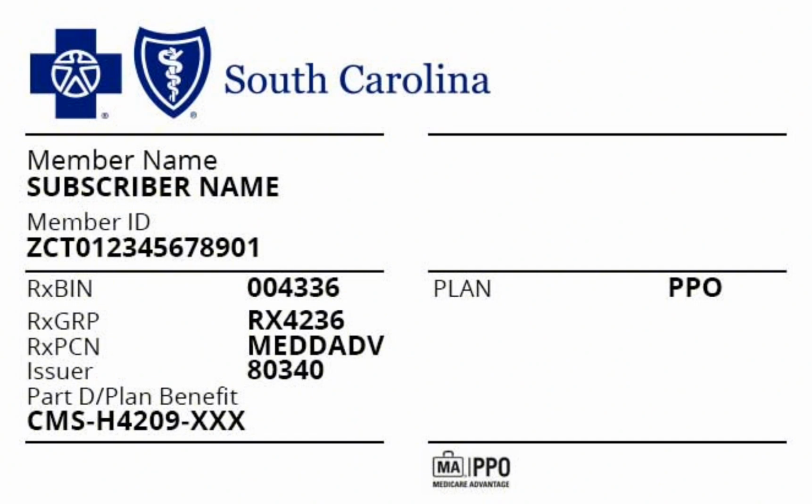So first we'll get started with the subscriber. This is the person who is the owner or the main person of the insurance plan. So this is the subscriber. They are the ones who, I wouldn't say initiated the plan, but they are probably paying the premiums to the insurance company.